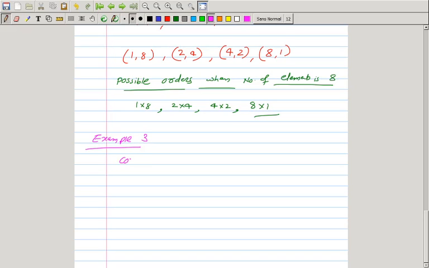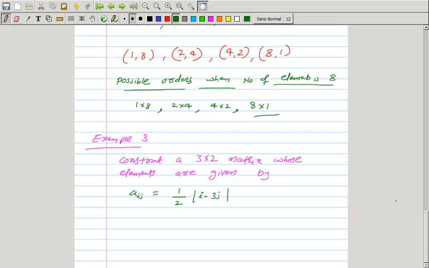So what we have to do is construct a 3 cross 2 matrix whose elements are given by Aij equals half modulus of I minus 3j, right? So this is what we are asked to do.